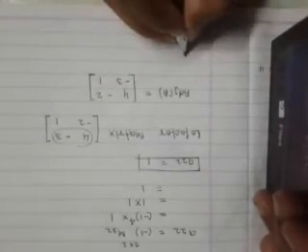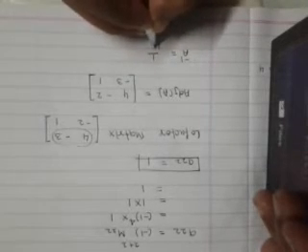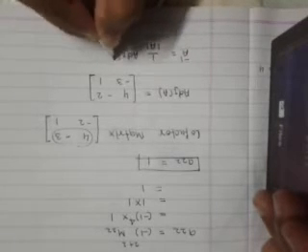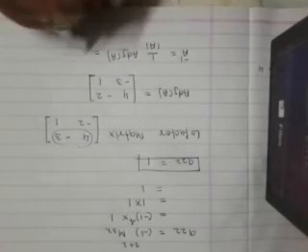Then we will use the last step, that is A inverse is equal to 1 upon determinant of A into adjoint of A. So this is the formula. I will substitute the values: 1 upon the determinant, which we already have as minus 2, then the adjoint matrix 4, minus 2, minus 3 and 1.